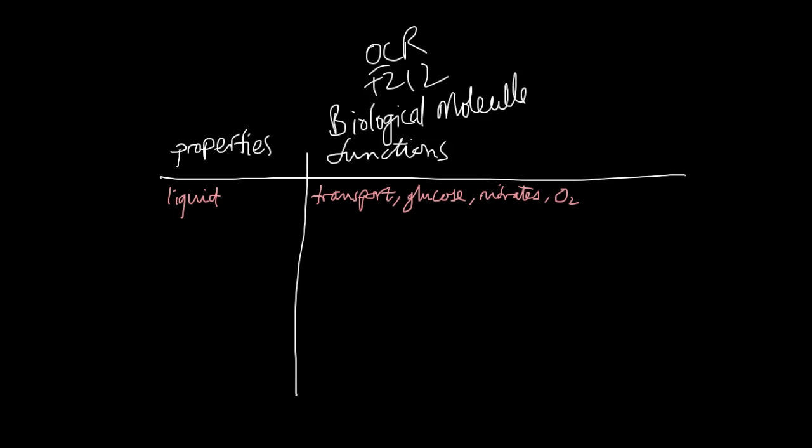And even in terms of water transport itself, processes like osmosis depend on water being a liquid. So I know it's a very obvious thing, but it has very important biological consequences.